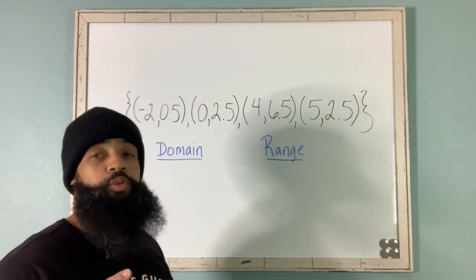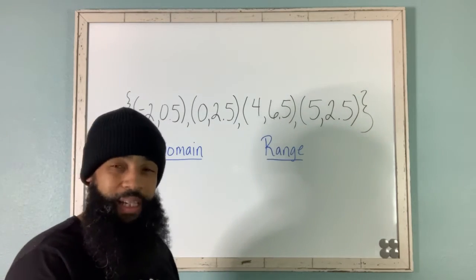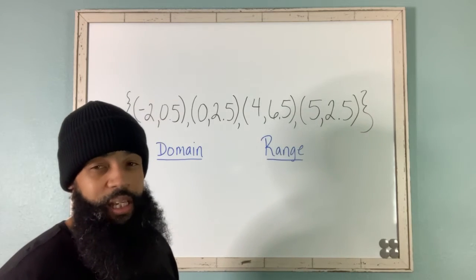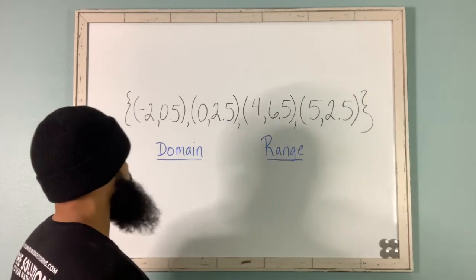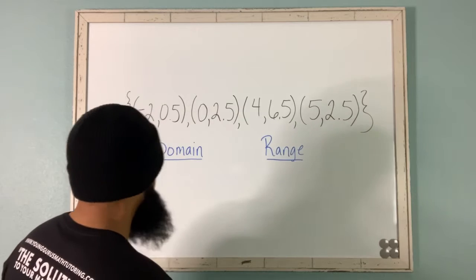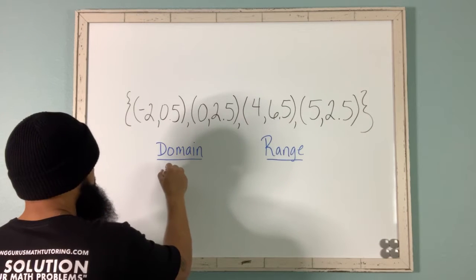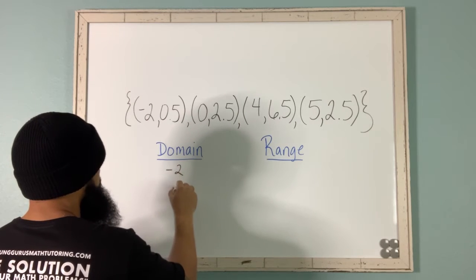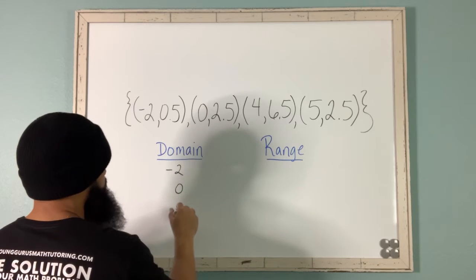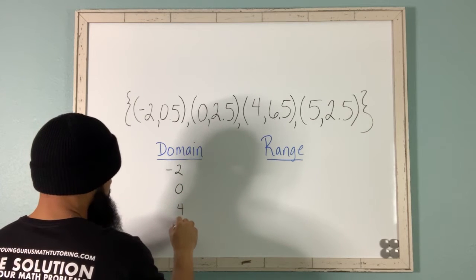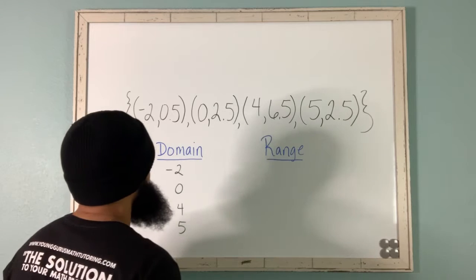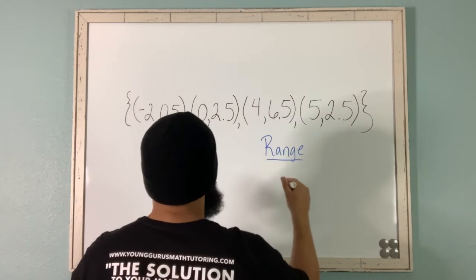So in order to determine the domain and the range, remember the domain is the x values and the range is the y values. So we don't have to put them in any particular order, but I'm going to say -2, 0, 4, and 5. And then I like to have them in numerical order.